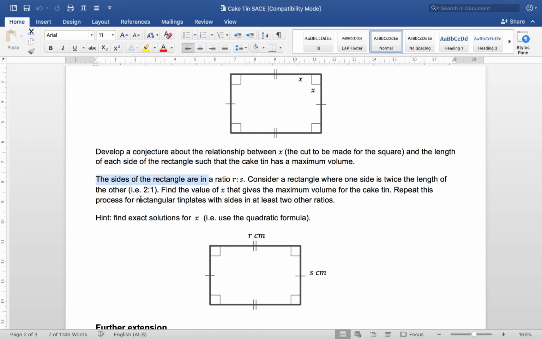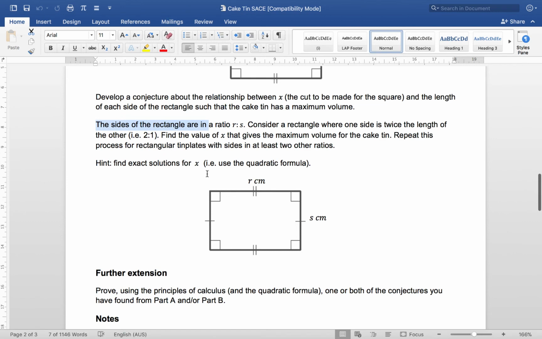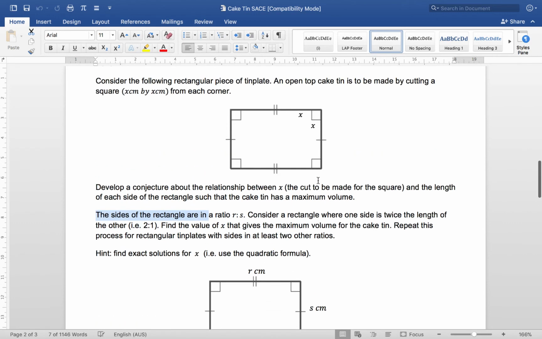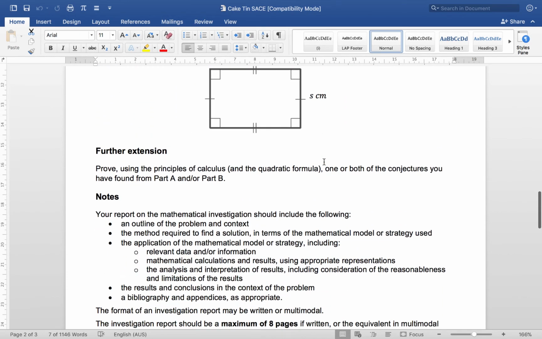Repeat the process for tin plates with at least two other ratios. So start off with a 2 to 1 ratio. You might go to a 3 to 2 ratio afterwards if you like. Then, again, find the exact solution for x using the quadratic formula and develop a conjecture about it. So look again at the ratio of the sides versus the value of x.